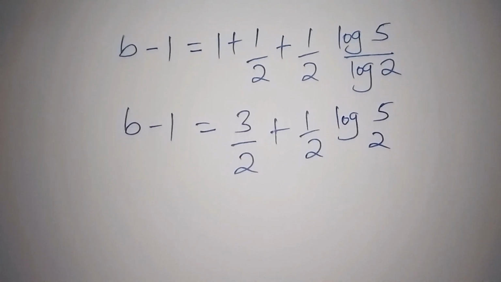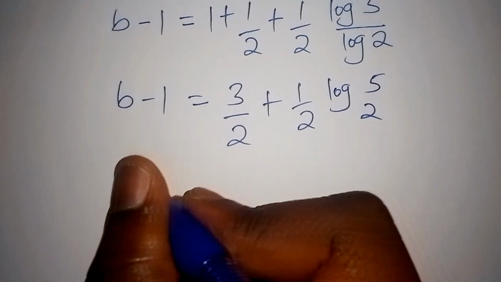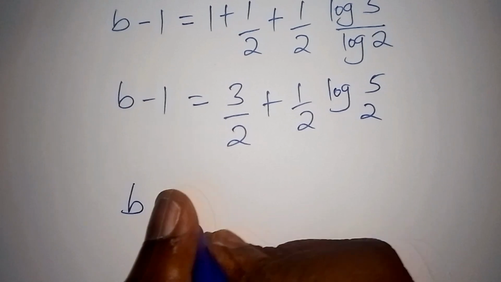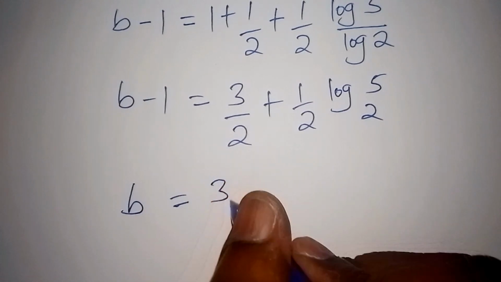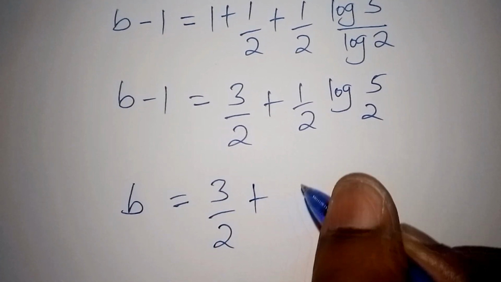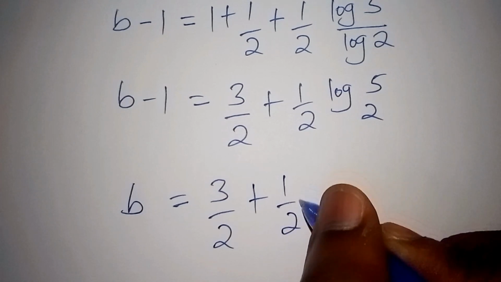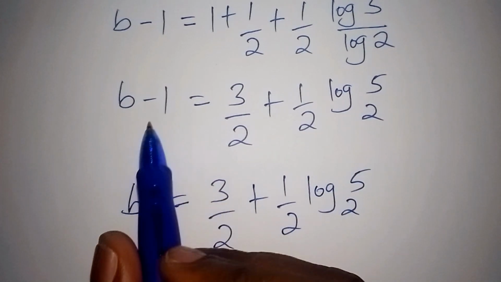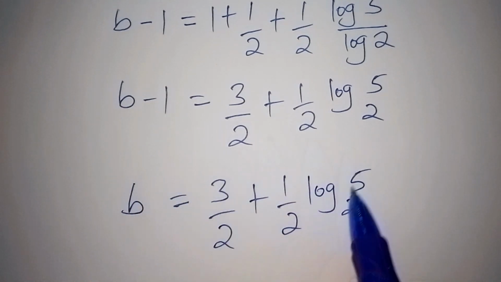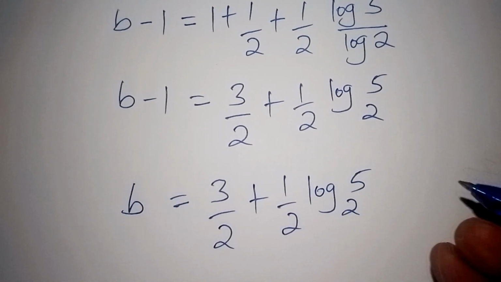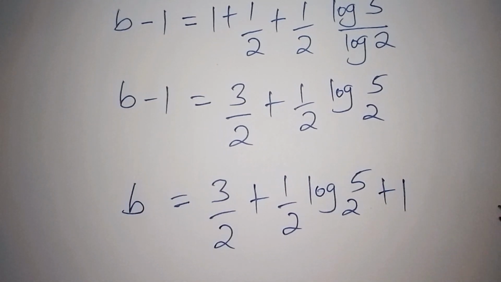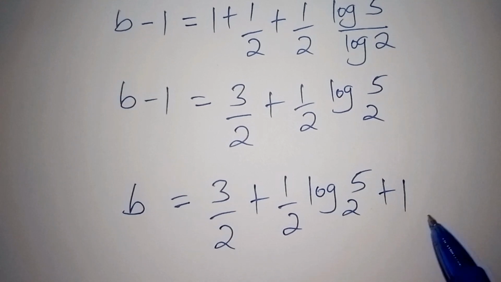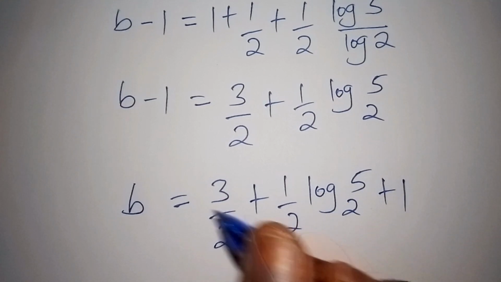So finally, our b in this case shall now stand to be 3 over 2 plus 1 over 2, the log of 5 to the base of 2. Because we were having minus 1, so across the equal sign we shall have now plus 1.